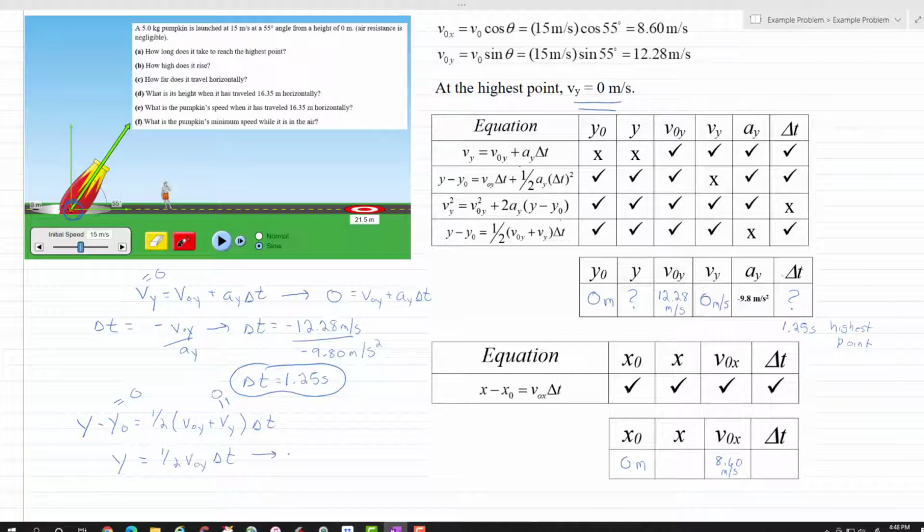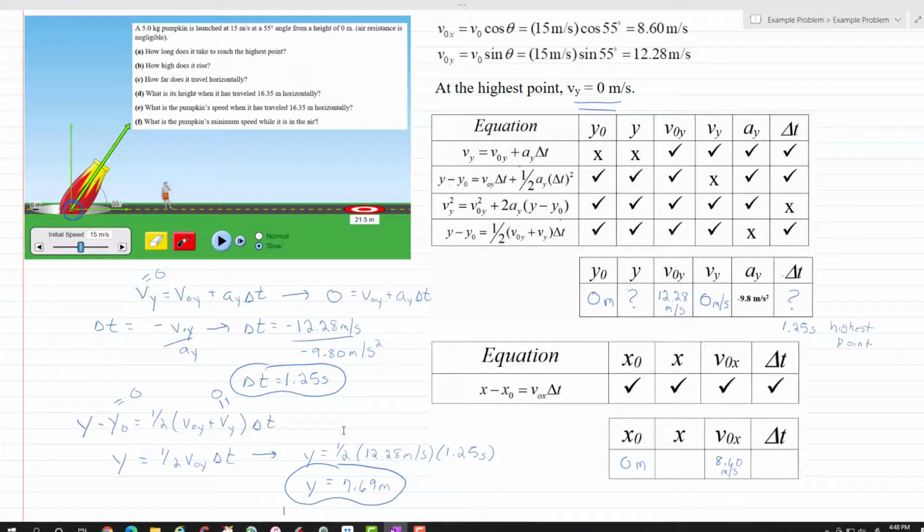And if I plug in my values, I get y equals 1/2 times 12.28 meters per second times 1.25 seconds. What I get is the highest point that this pumpkin reaches is 7.69 meters.